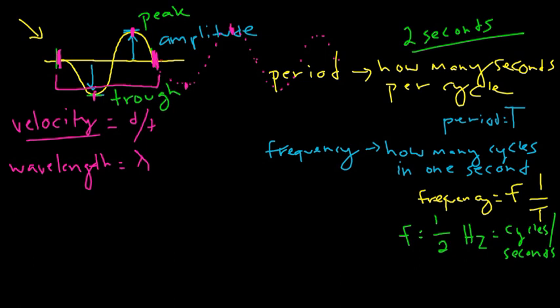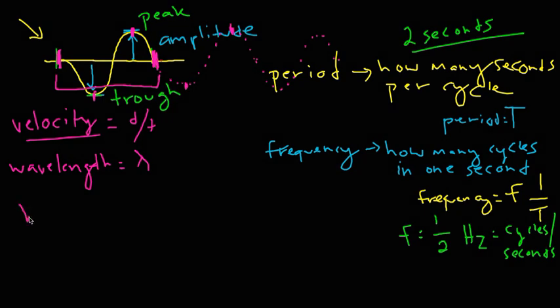So velocity of a wave, we can use the V. Velocity of a wave is going to equal the distance over the time. Well, what's the distance? It's, of course, our wavelength. And then over the time it took for 1 cycle. Well, that's the period. So if we divide this by the period, which we noted over there as T.